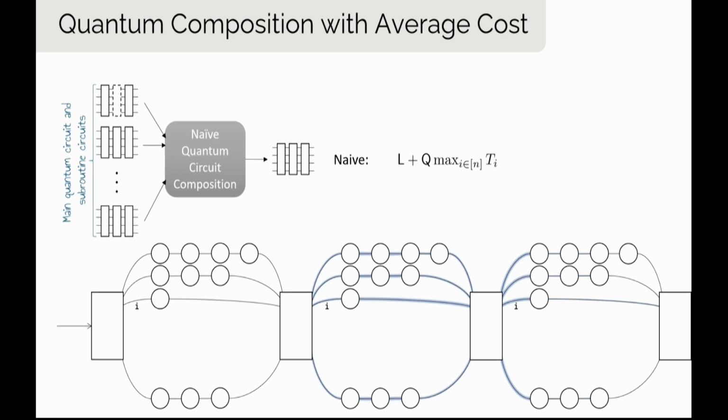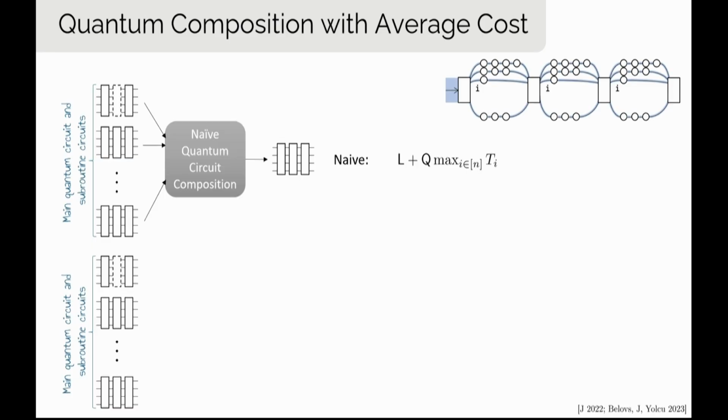You just keep doing the identity until everyone is done, until you've waited the maximum number of steps, and then you apply the unitary to the whole state. So imagine in a randomized algorithm, if your subroutine call finished, but you were like, well, I still have more allotted time for the subroutine call, so I'm just going to wait. That's a bit like what you do in naive circuit composition.